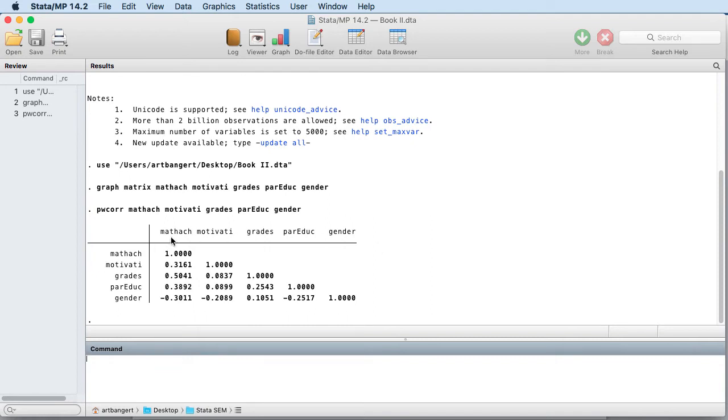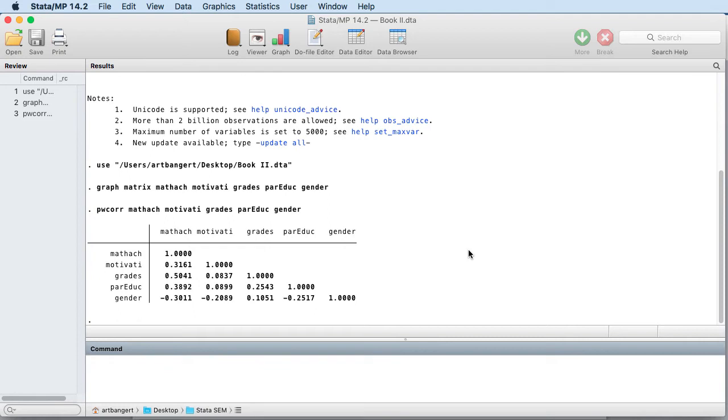If we were to calculate the mean for males and the mean for females on math achievement scores, we'd find that males have higher math achievement scores than females. This has to do with the way the data is coded: males are coded 0 and females are coded 1.